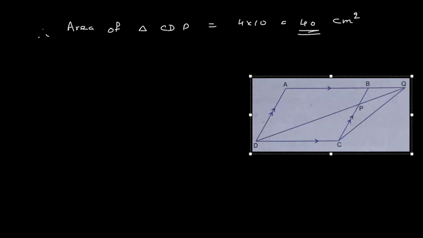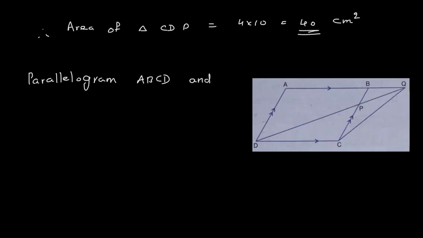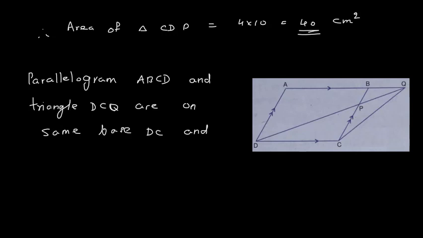So for that I will say that parallelogram ABCD and triangle DCQ are on the same base DC and between two parallel lines AQ and DC.